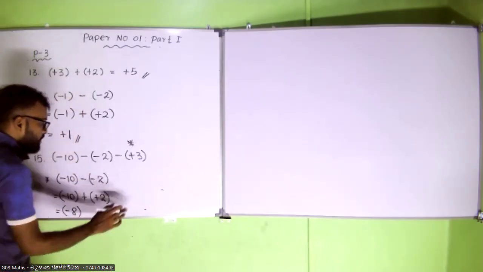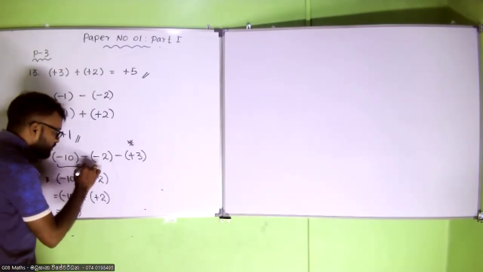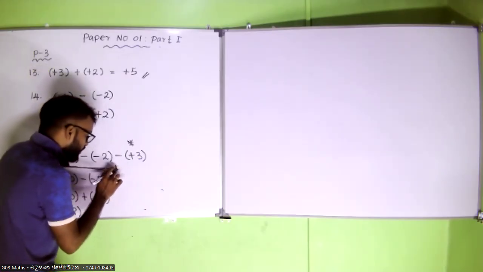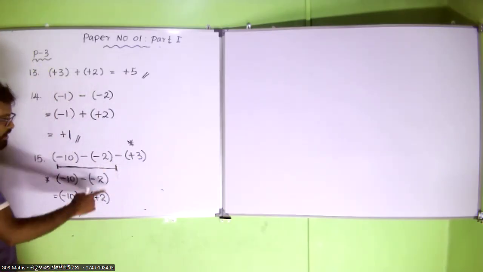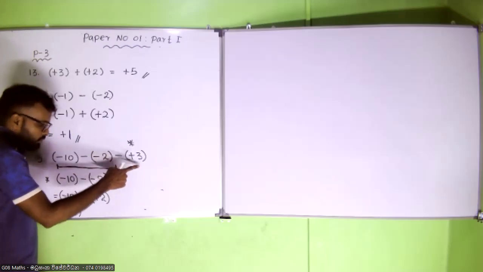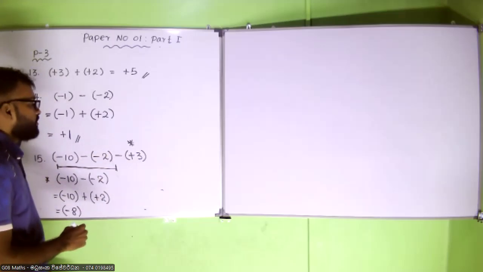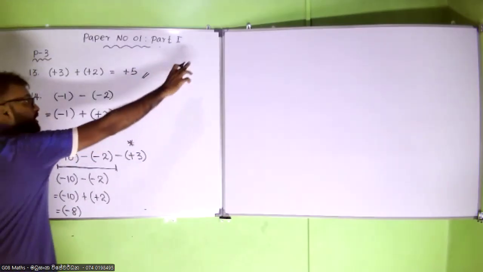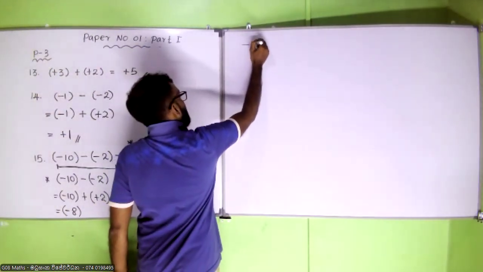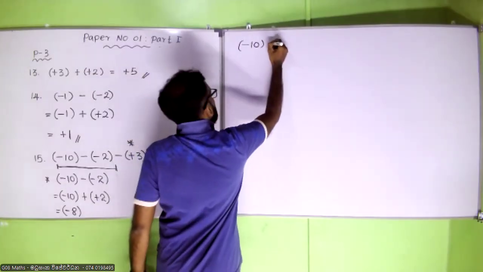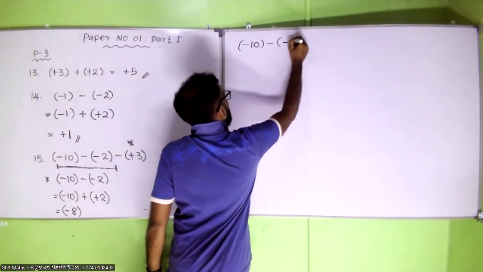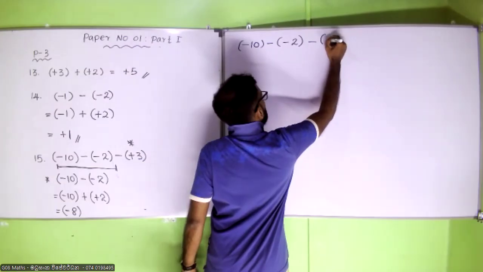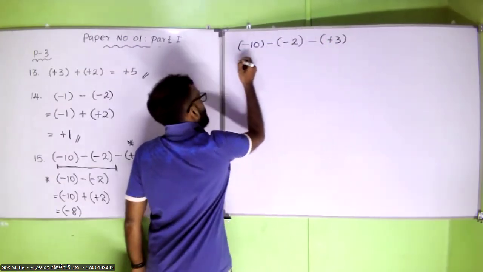So now I have obtained the answer for these two. If I want to get the final answer, I need to subtract positive 3 from this. Now I can write it like this. I will write the same thing here: negative 10 subtract negative 2 subtract positive 3, equal mark.